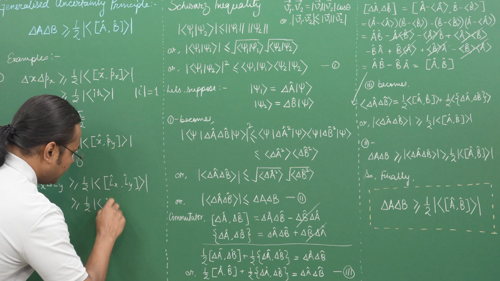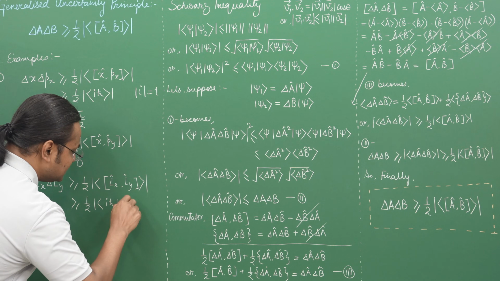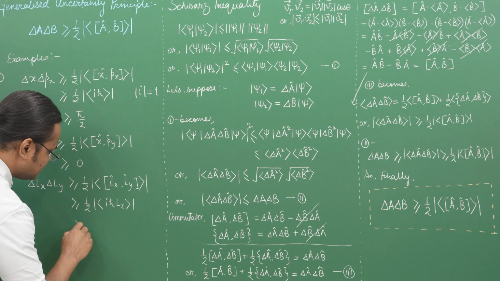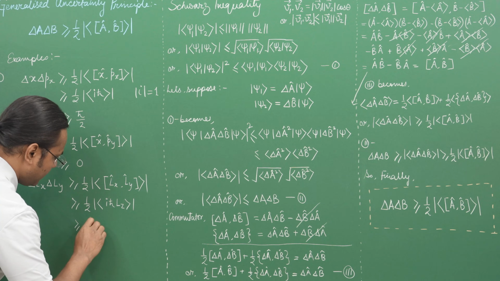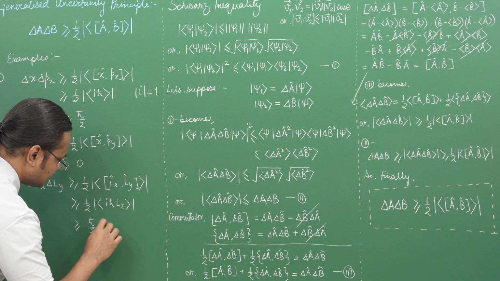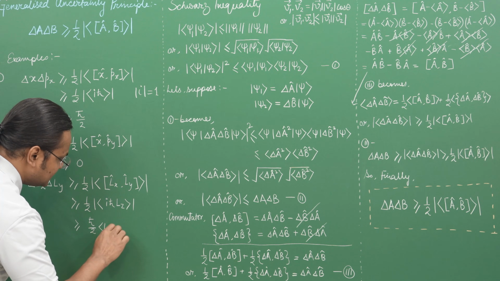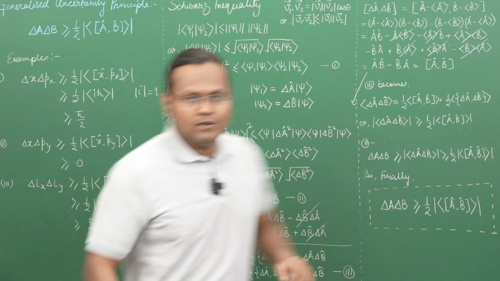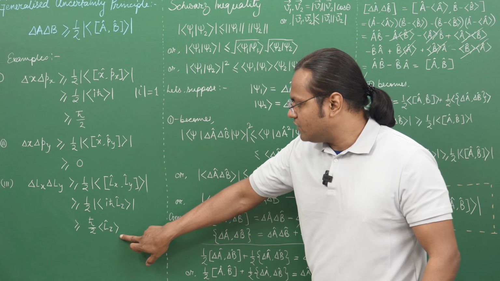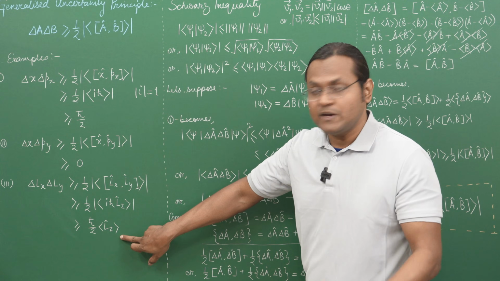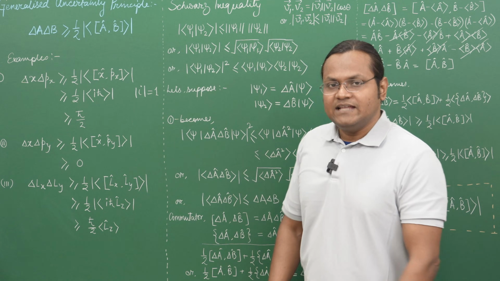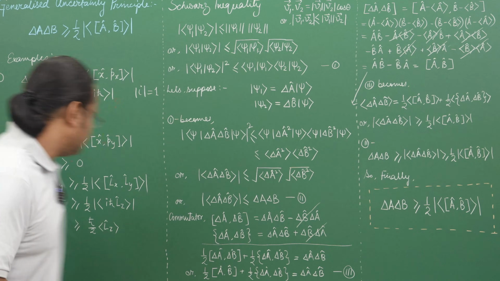It is i h cross Lz. Again, the mod of i is 1. Therefore, this essentially ends up becoming h cross upon 2 times the expectation value of Lz. What this means is that if in a given quantum mechanical system, the z component of angular momentum has a very high expectation value, that will affect the uncertainties of the x and the y component of angular momentum respectively.